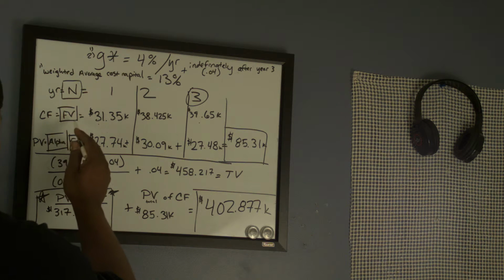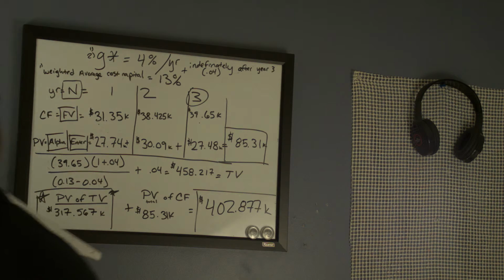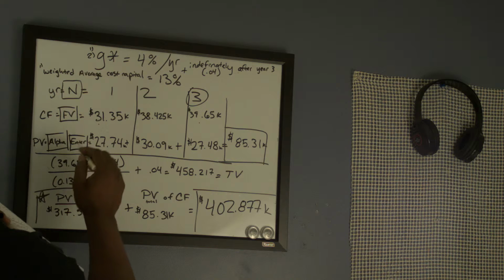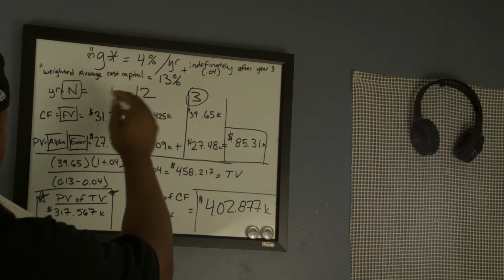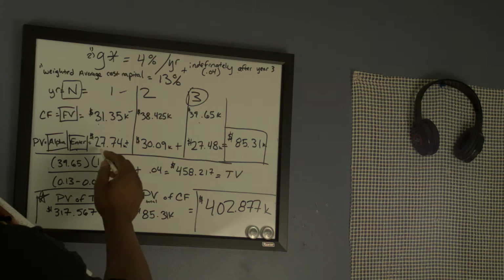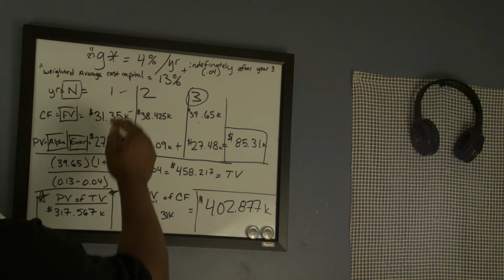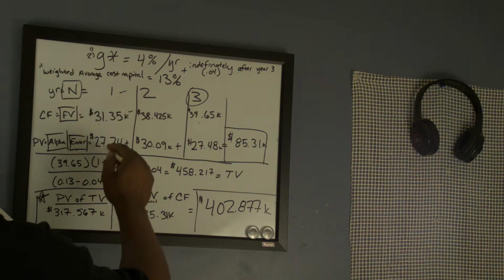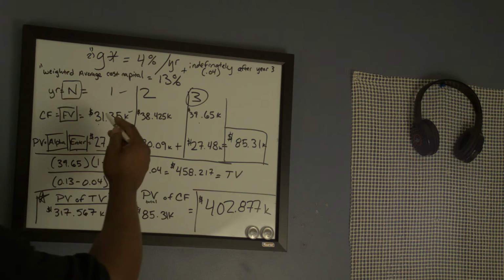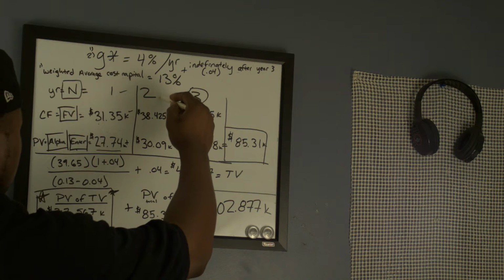Then you want to get the present value. So the cash flows are the future value. You want to get the present value. To get the present value, you have to hit alpha enter on the calculator once you got these other two values in. And then that will give you the present value of that cash flow. So in this case, the cash flow that you really get from the first year is 27.74, not 31.35. Same thing for year 2.